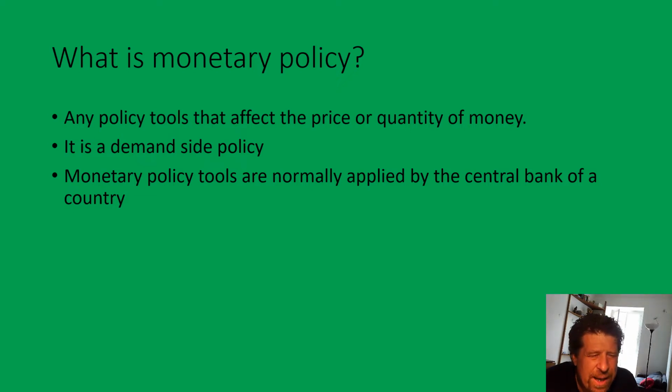But actually, the objectives are established by the government, but it's a policy normally carried out by the central bank, and it's kept independent of the political masters, because we know the politicians can be thinking about their electoral success.